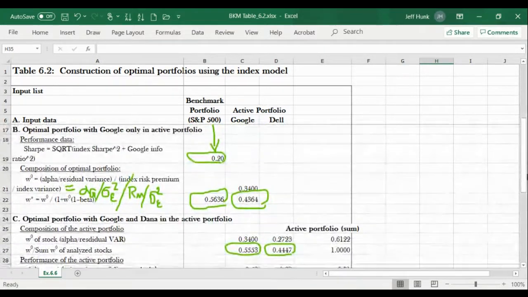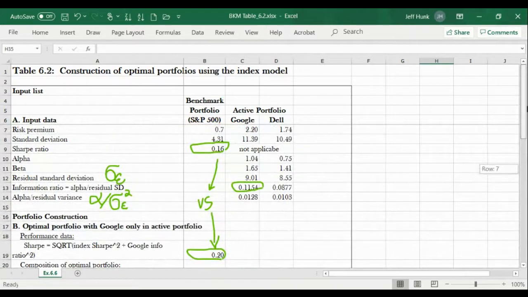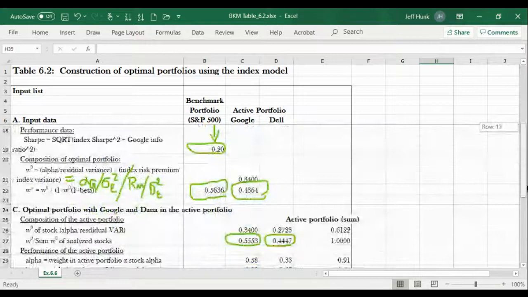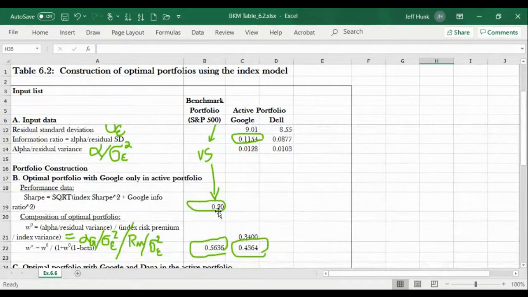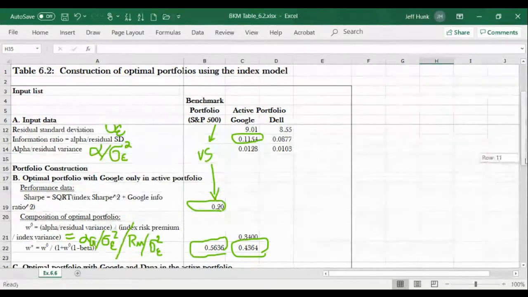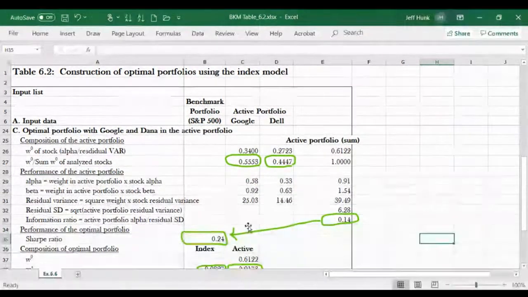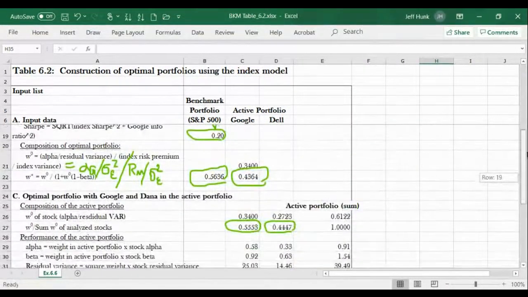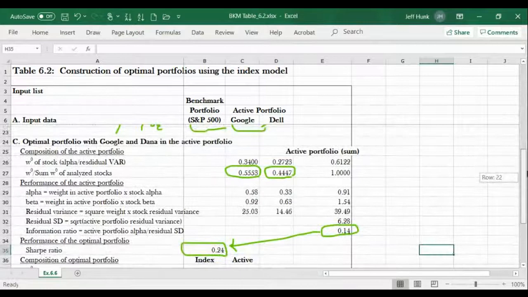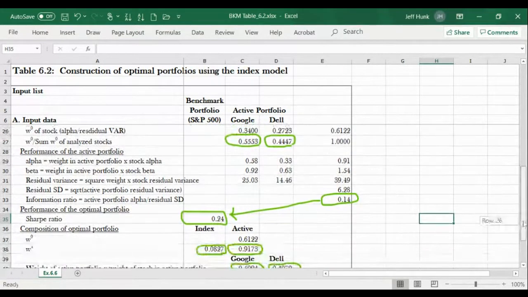The Sharpe ratio of the passive portfolio was like 0.16, and then when we added only Google, it increased to 0.20, and then when we added even Dell, it improved to 0.24.